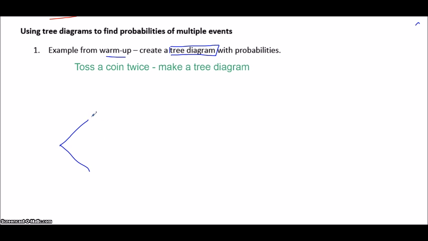Since we have two different outcomes, the first set of the tree is going to be this heads and tails. So this column here is going to be the first coin. And then once I've flipped that first coin, if I have heads, from there I have two outcomes for the second coin. So that's what this next branch of the tree is going to represent, a head and a tail.